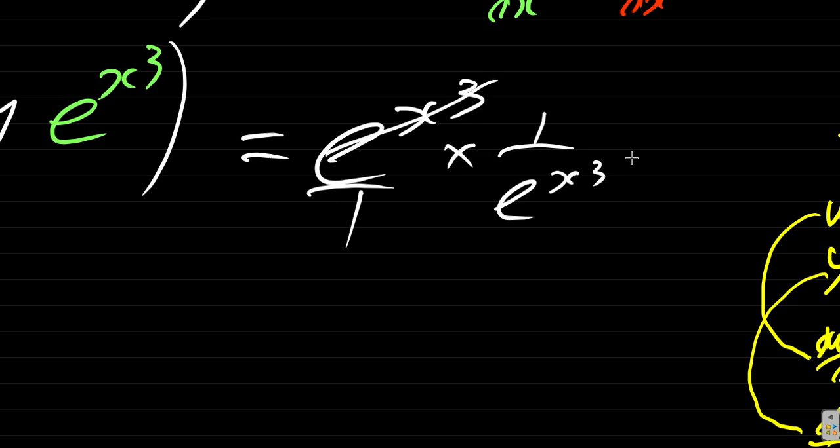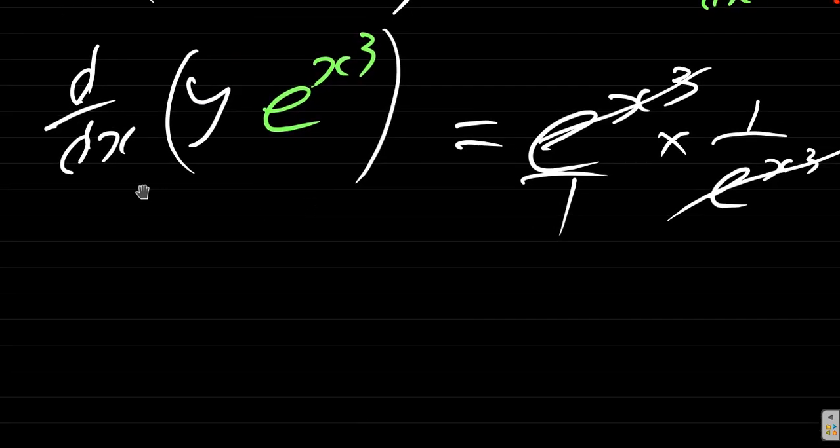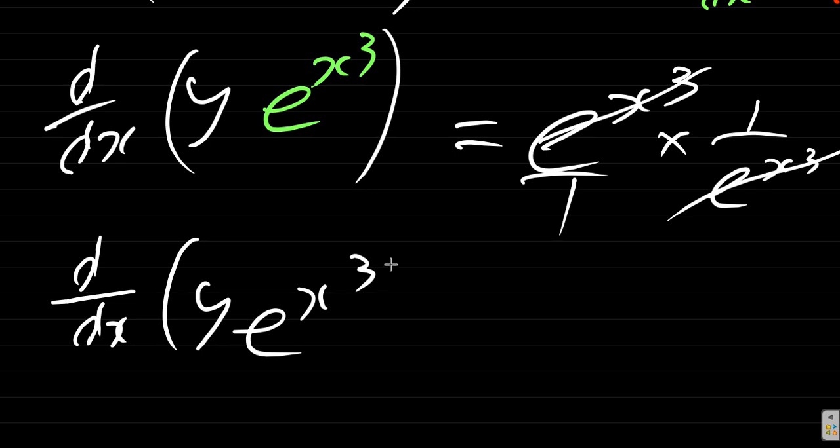This will cancel, so it's 1. So you have d by dx of y e to the x cube equals 1. You see that?